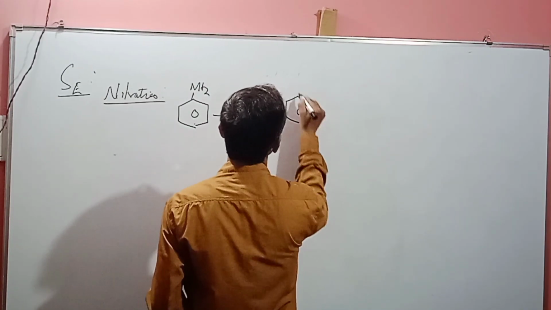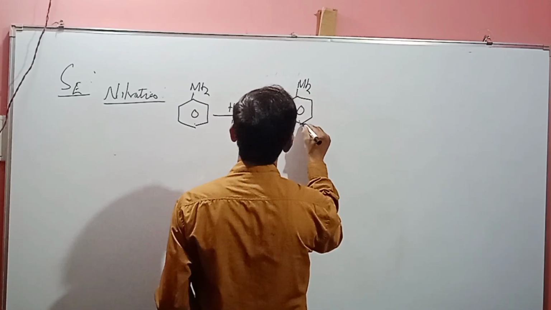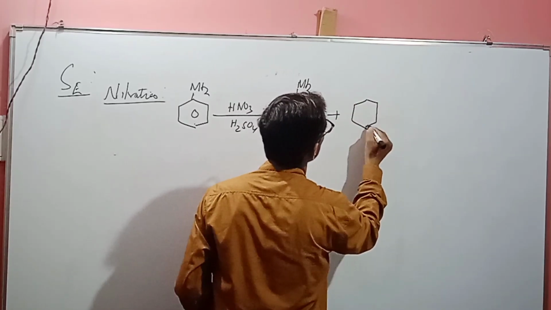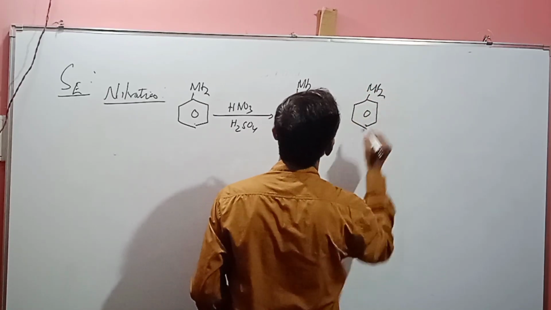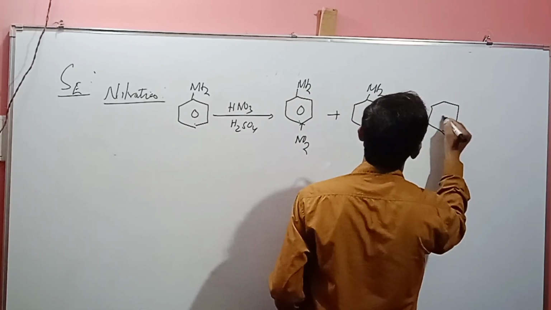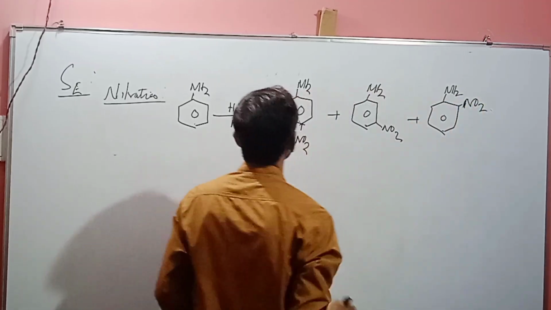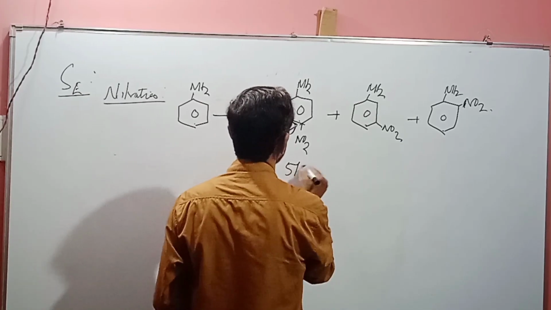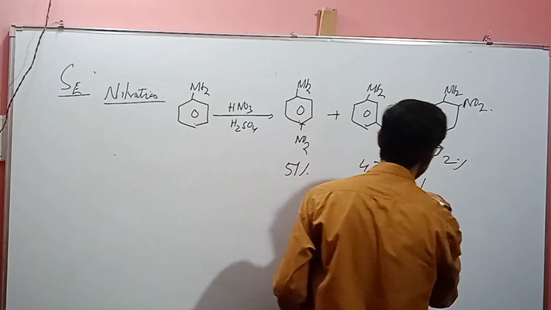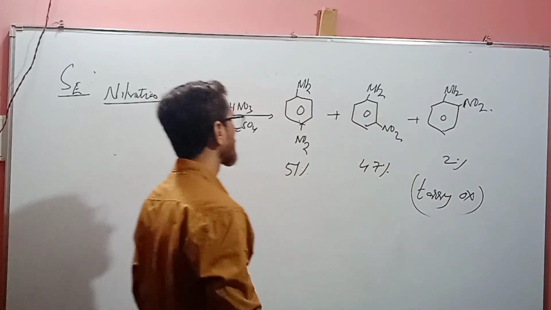You will get NO2 out of this mixture, and you will get one product like this, and the other is this, and it is very less, and that type of reaction is called tar oxidation.